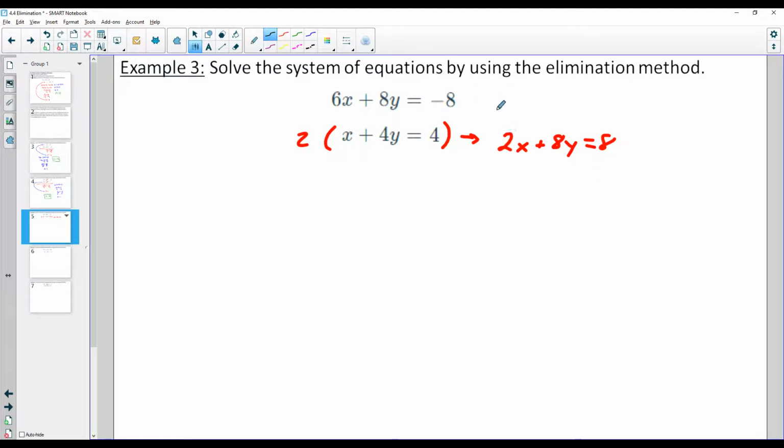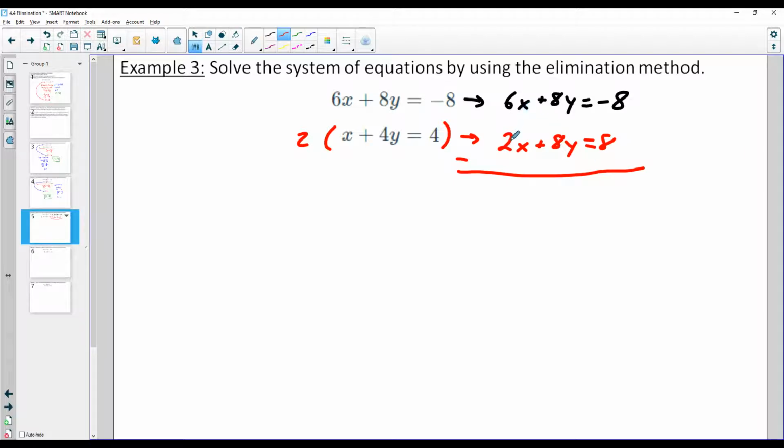And I'm just going to rewrite this one over here, 6x plus 8y equals -8. And now notice the y's match.